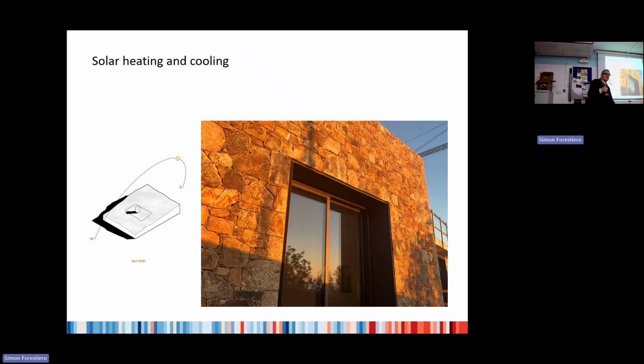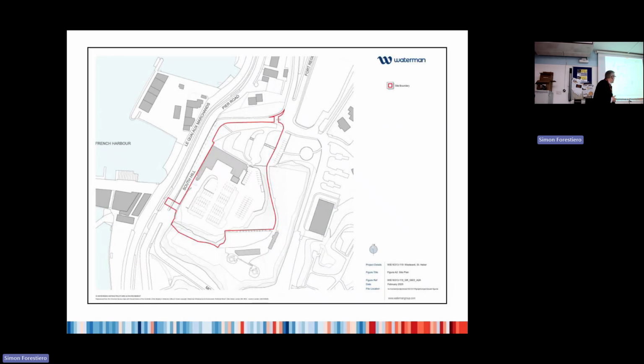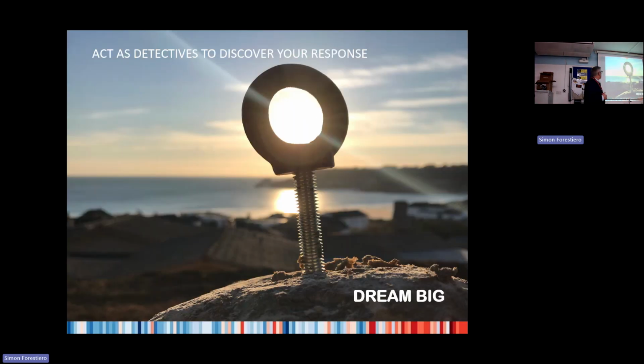So it's not just about observation; it's about feeling, it's about smell, tasting the site and feeling what it's like. So this is your site, guys, and all I'd say is, act as detectives and dream big and see where you get. Thank you. Can you put your hands together for Jamie's talk?